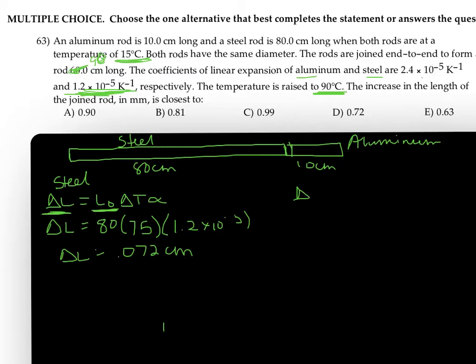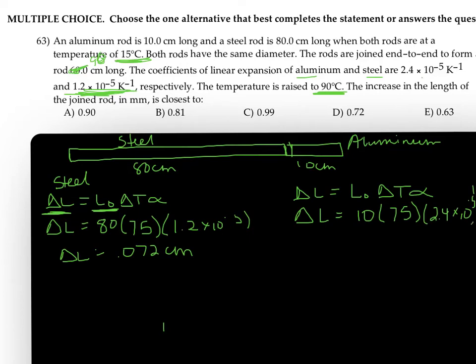For the aluminum, you should be able to do this. You might want to pause the video and do this one on your own. Same equation, change in length equals original length times change in temperature times the alpha. So we're trying to find the change in length of the aluminum. It's 10 centimeters, same temperature change, but a different coefficient of linear expansion.